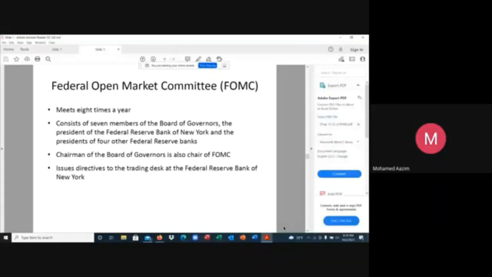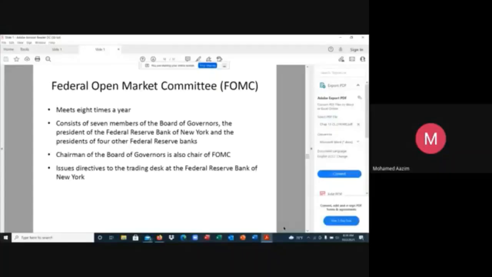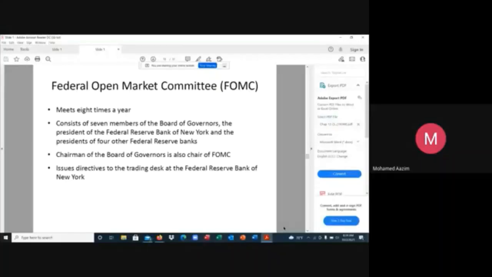So these FOMCs meet on a timeline that is published and publicly known on the website of the Fed Reserve. The Federal Open Market Committee meets 8 times a year, about 1.5 months apart under normal circumstances, but this does not mean they can't meet more frequently.